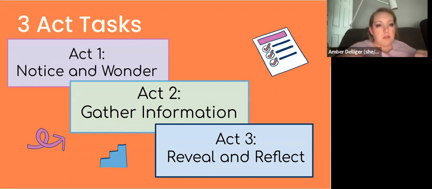A lot of the work around equity in mathematics is about creating and finding moments of real curiosity for our students in a context that matters to them. So seeing in these kinds of situations what information is interesting, what is piquing their interest, is a really important tool. So let's go to the next slide real quick.